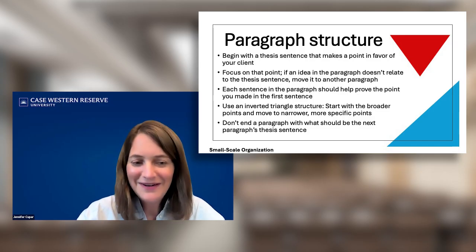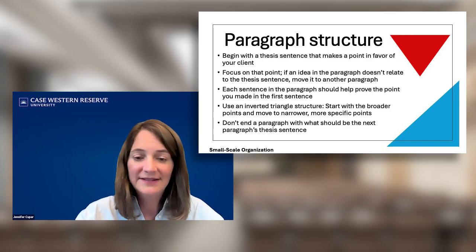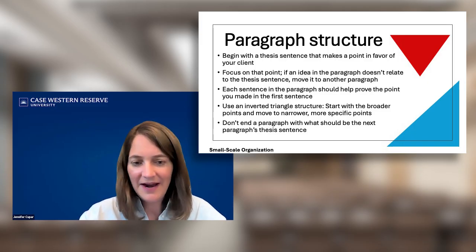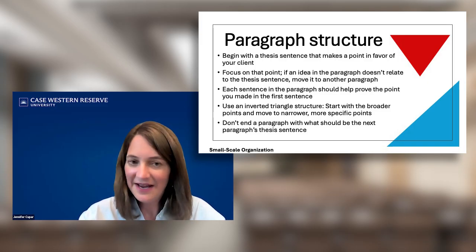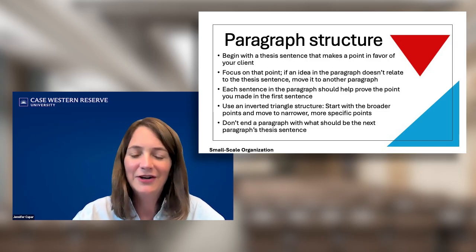A very, very common mistake that my students make when they begin in my legal writing class in law school is that they tend to end a paragraph with what should be the next paragraph's thesis sentence. That does not work. It's not an inverted triangle. You end up with a base at the bottom of your triangle.